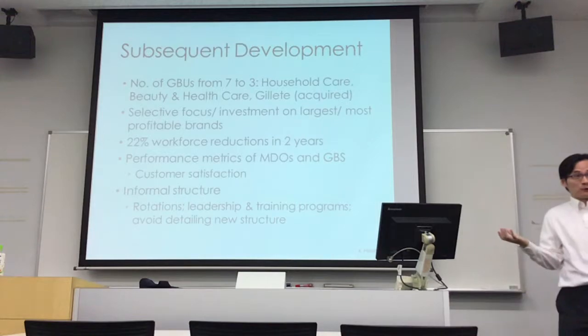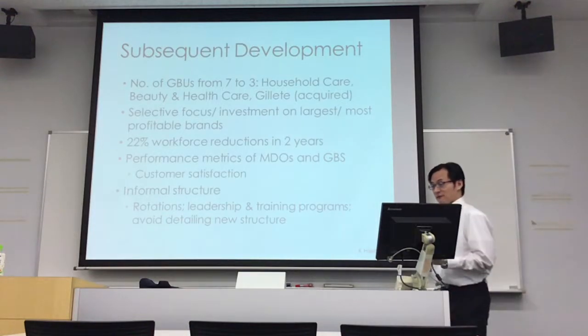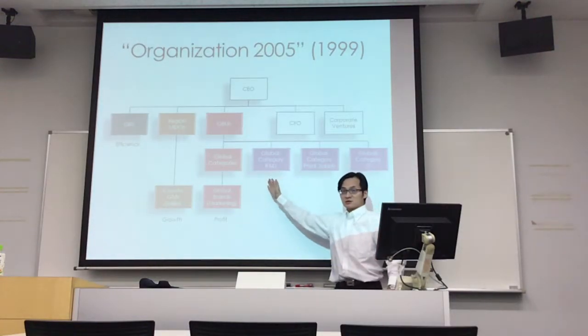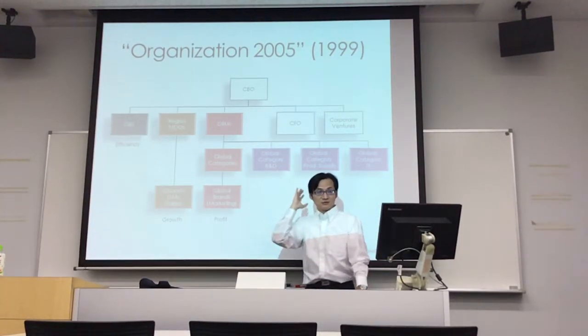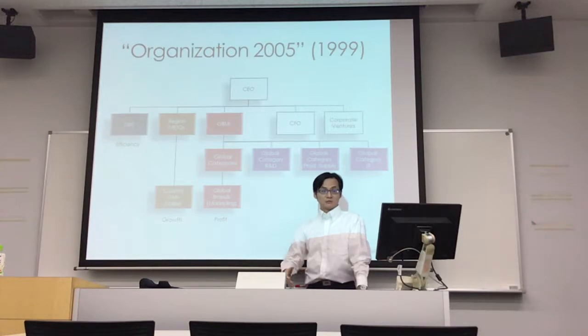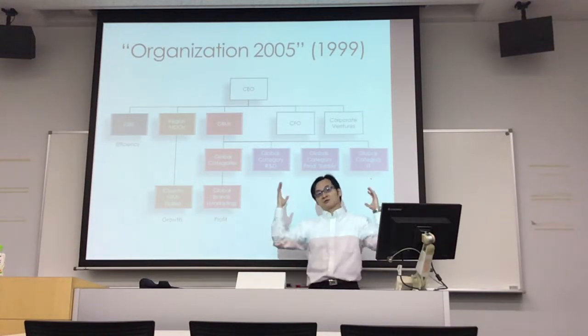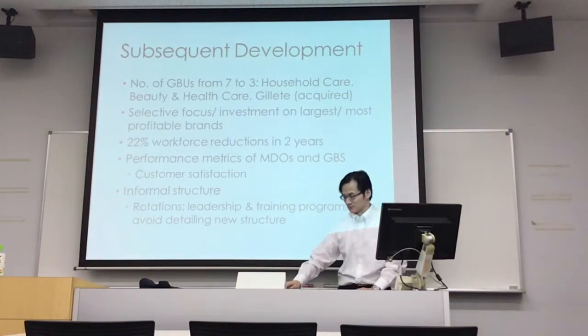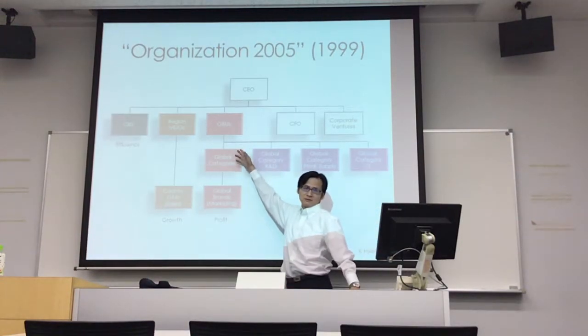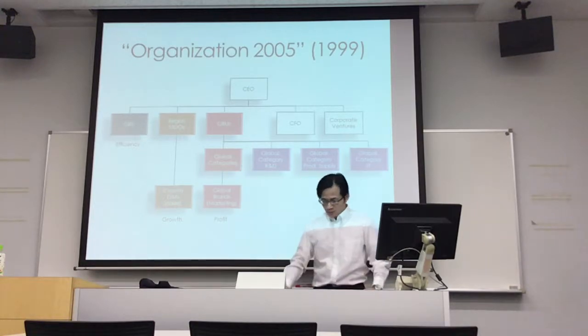Now we can understand why they do this. Because one problem you identified earlier is that under this structure, the coordination across the different business units is unclear. So one way to improve the coordination is simply to reduce the number of GBUs. Of course, you will end up increasing the burden of the global GBU heads.